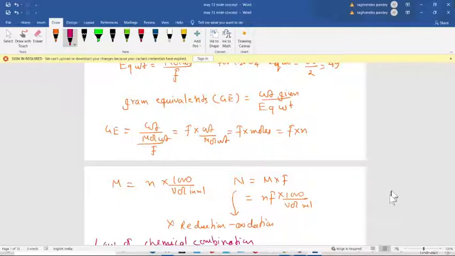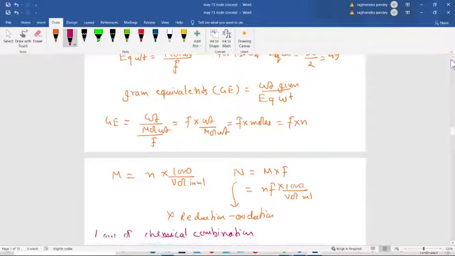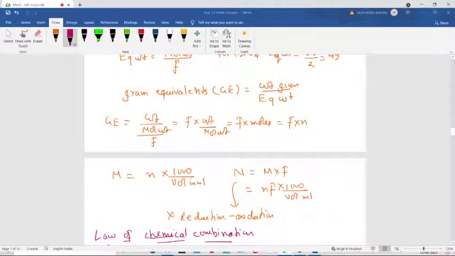Okay, those who want to leave can leave. If you have any doubt, you can ask. Any doubt?